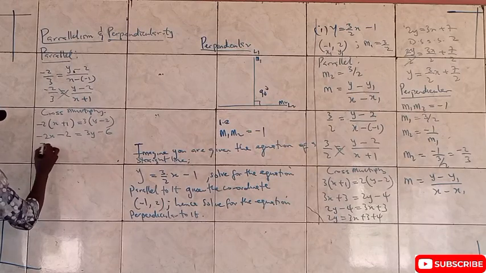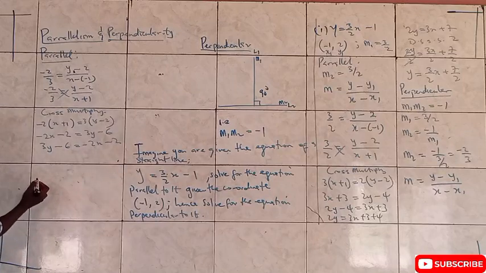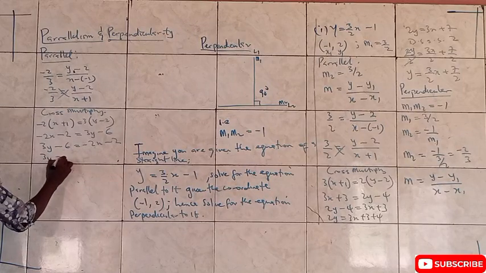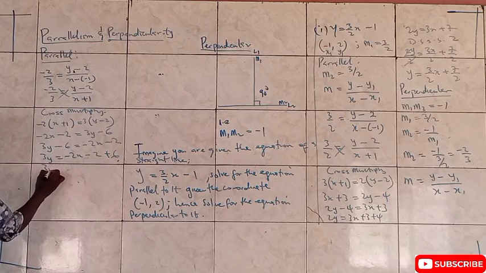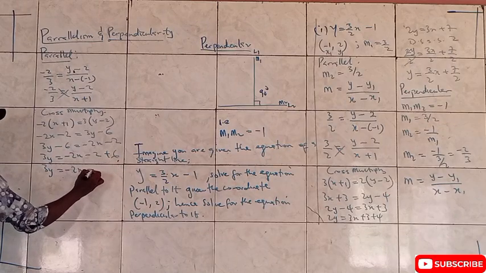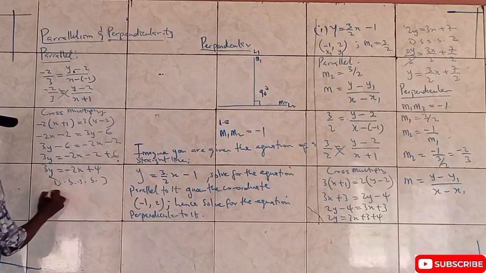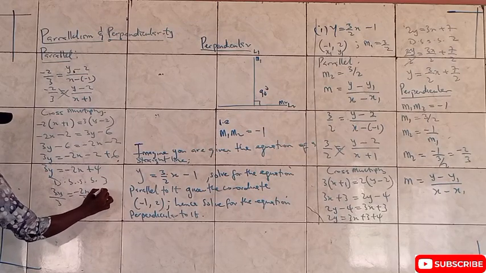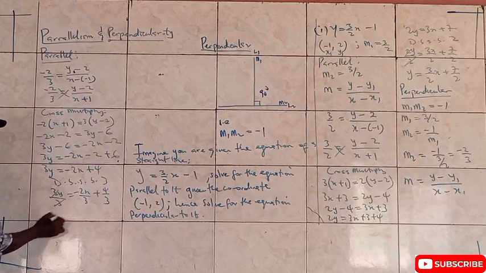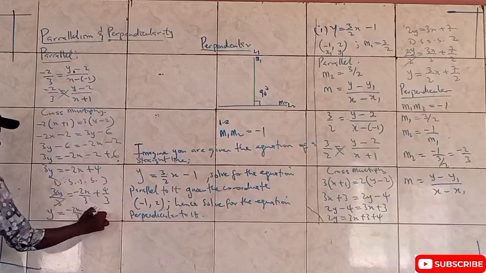So rearrange it: 3y minus 6 equals minus 2x minus 2. Then 3y equals minus 2x minus 2 plus 6. So 3y equals minus 2x plus 4. Divide both sides by 3. So 3y over 3 equals minus 2x over 3 plus 4 over 3. Cancel. My answer is y equals minus 2x over 3 plus 4 over 3.